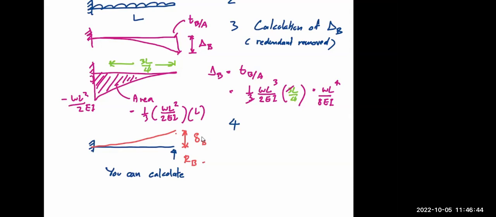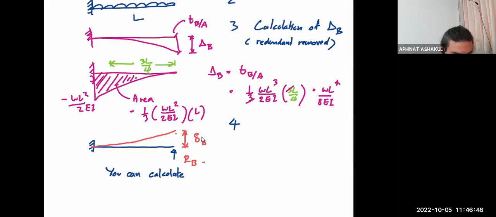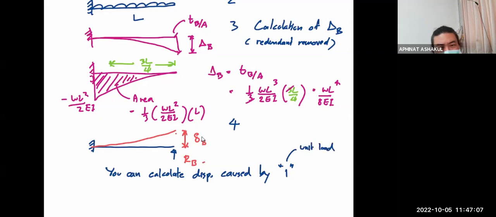So anyway, you can calculate displacement, whatever we call it, caused by unit load. Unit here means 1. It's a unit load, right? It takes me a while to understand what unit load means. Is this a load that has 1 load?